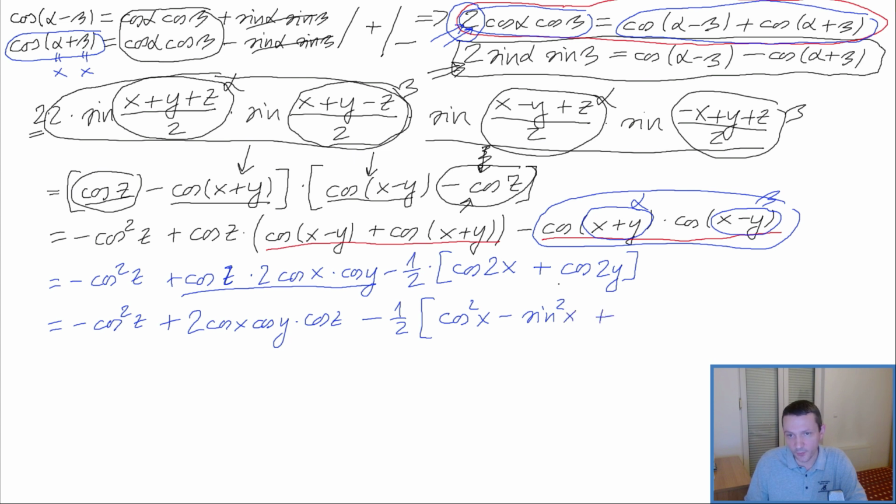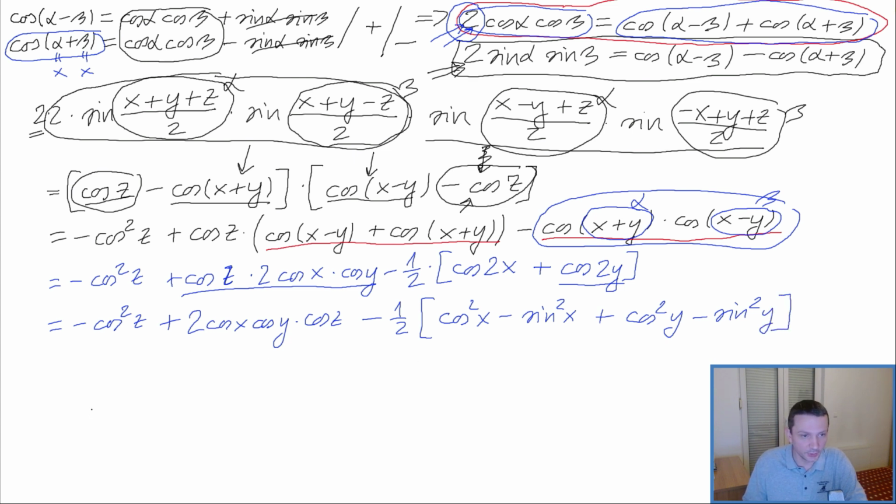Plus, and in the same way we obtain cosine 2y, which is cosine squared of y minus sine squared of y.